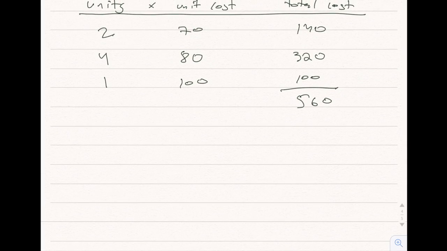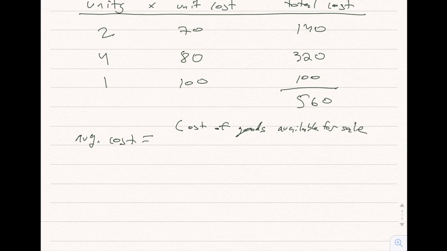Keep that there. So you just have to know this formula. So average cost equals cost of goods, not cost of goods sold, cost of goods available for sale. Right?